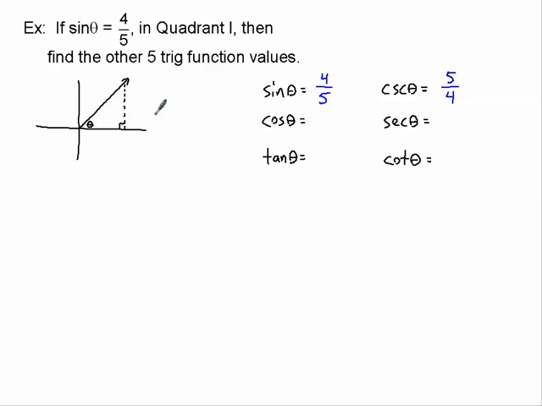If they give me a sine ratio, they're going to have given me 2 sides of a right triangle. And I remember my SOHCAHTOA. Since they're giving me the sine ratio, I know that they're giving me the opposite side and the hypotenuse.